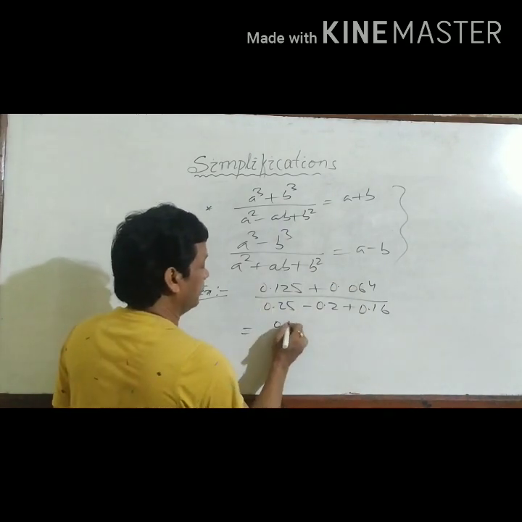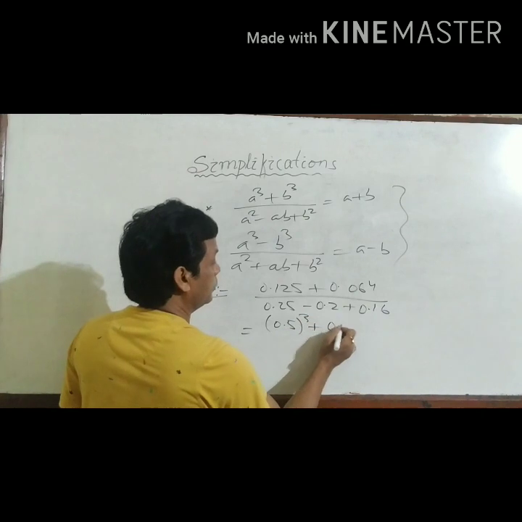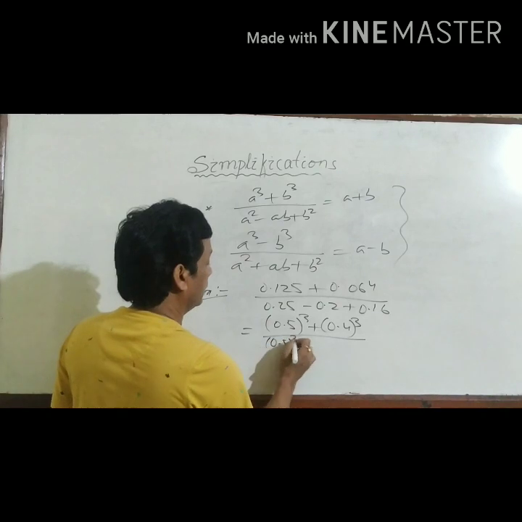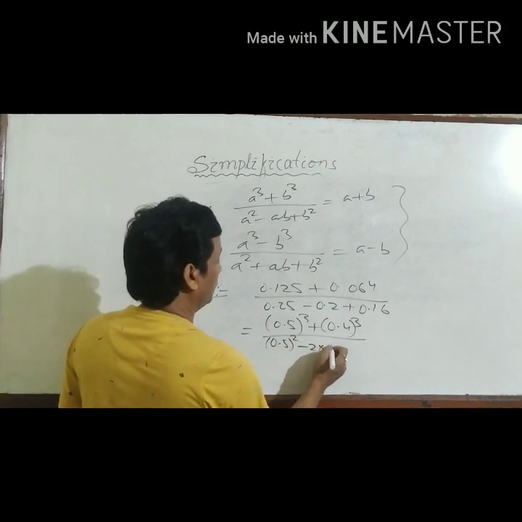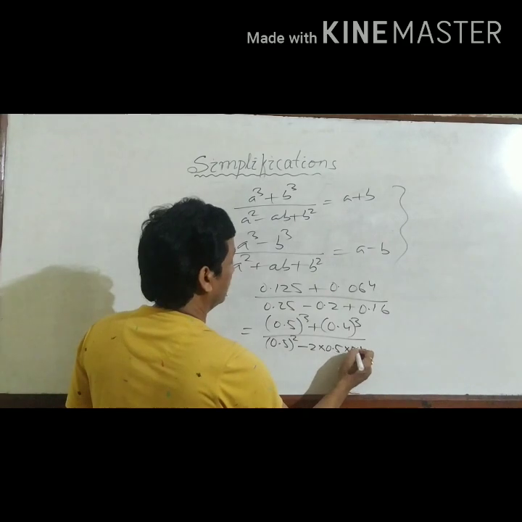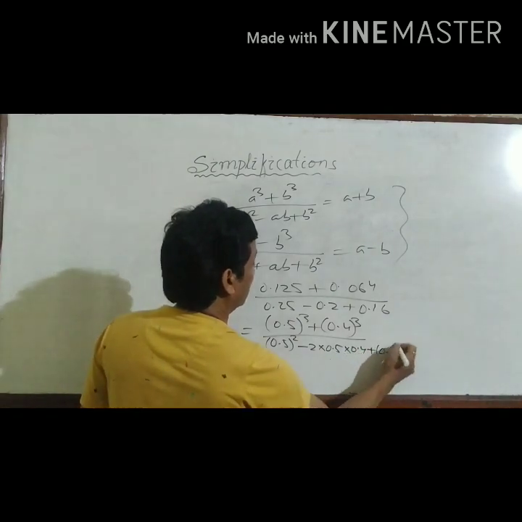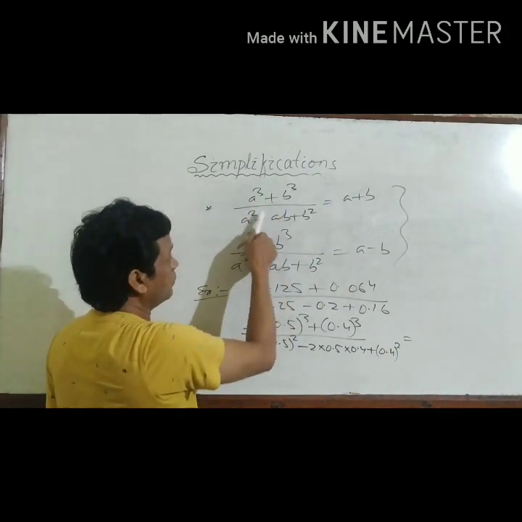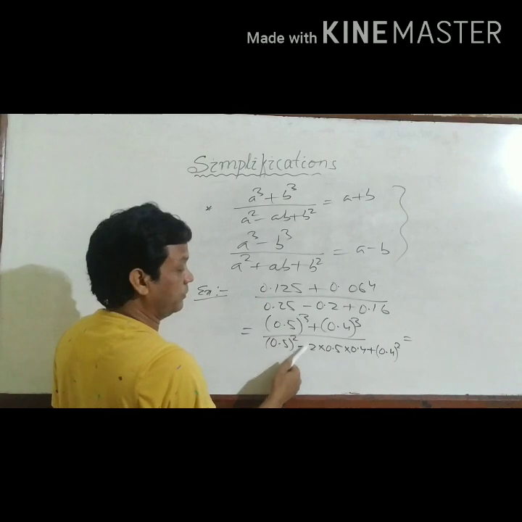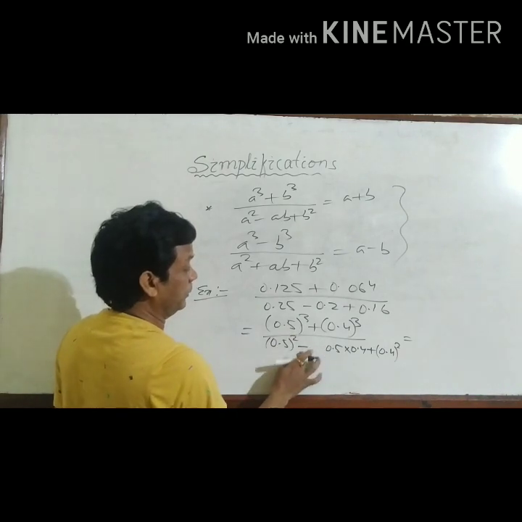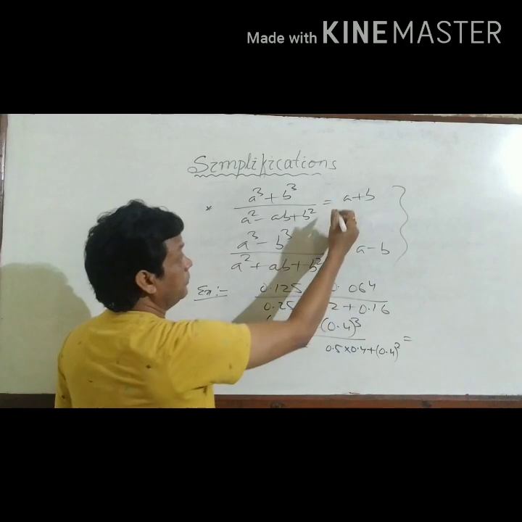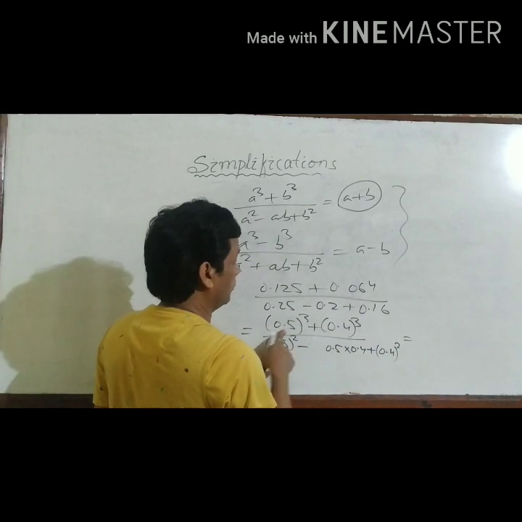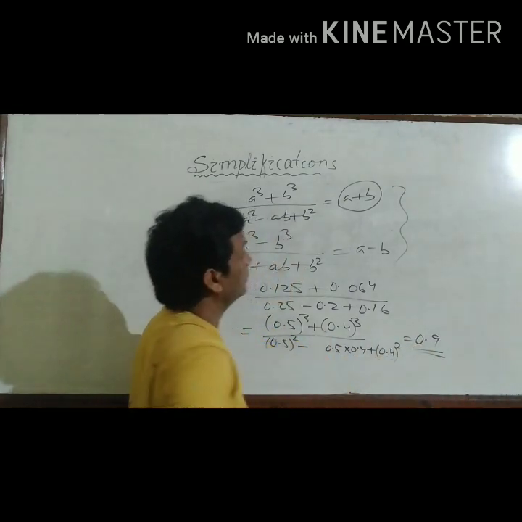Actually, the numerator is (0.5)³ + (0.4)³ divided by (0.5)² - 0.5 × 0.4 + (0.4)², that is a³ + b³ divided by a² - ab + b². So the answer will be a + b. a + b means 0.4 + 0.5, it will be 0.9. So this is the answer.